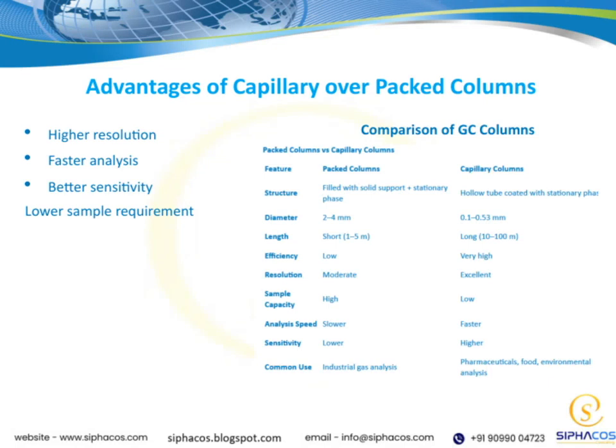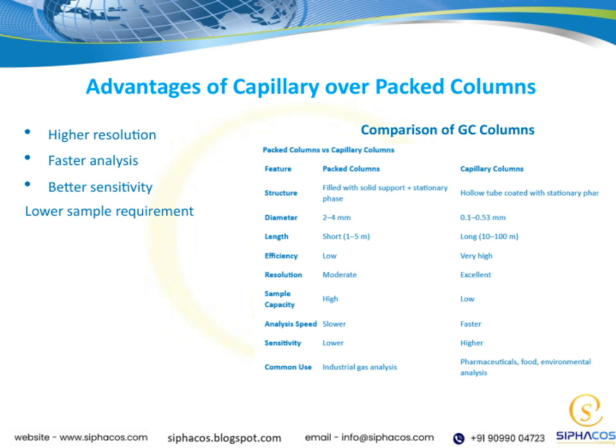Let's take a closer look at how capillary columns compare to packed columns. One of the main advantages of capillary columns is their higher resolution, meaning they can separate compounds more effectively, which is crucial for complex samples. They also enable faster analysis times, helping us get results more quickly without sacrificing quality. Additionally, capillary columns offer better sensitivity, so we can detect even trace amounts of analytes more reliably.